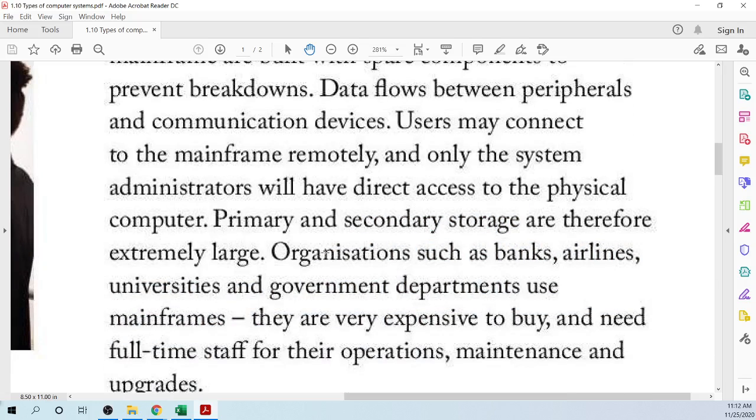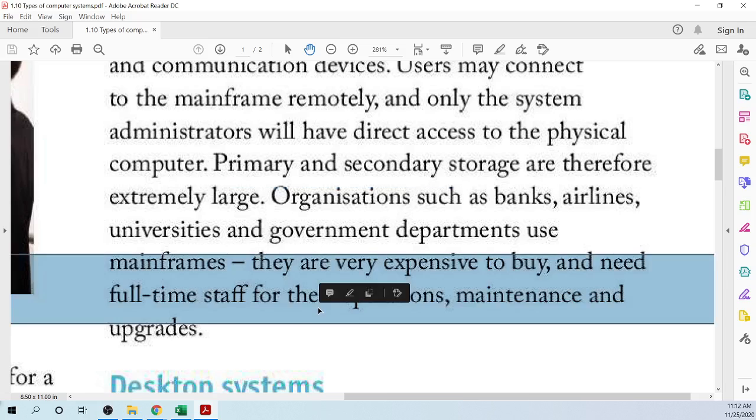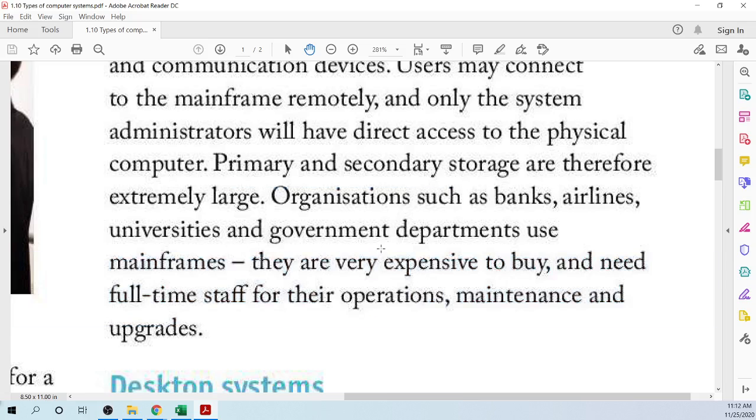Now, organizations that make use of mainframes would include banks, airlines, universities, government departments, and so on. Mainframes are very expensive. That is why only large companies would make use of them. And not only are they expensive, but they're also high maintenance.